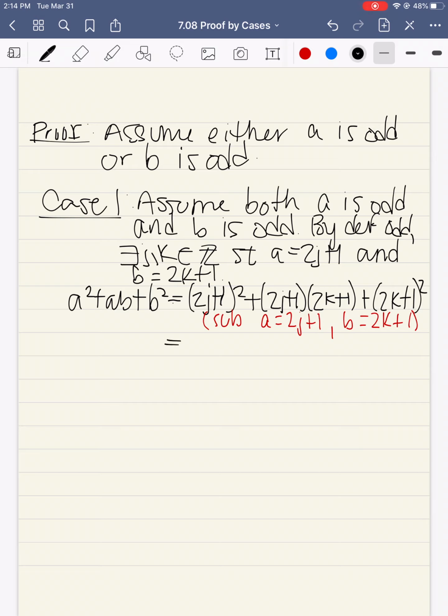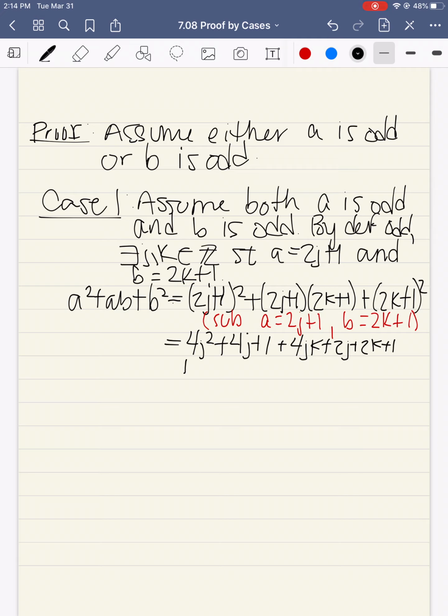So this is going to be equal to, so we go ahead and simplify here. So we get 4J squared plus 4J plus 1 plus 4JK plus 2J plus 2K plus 1.